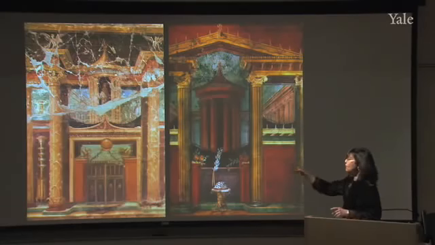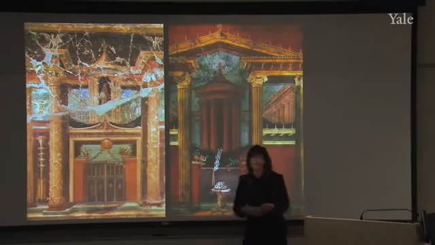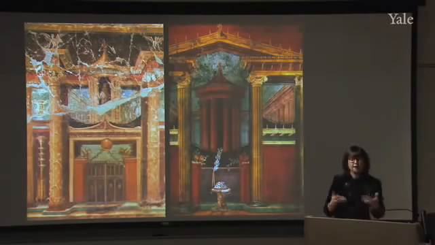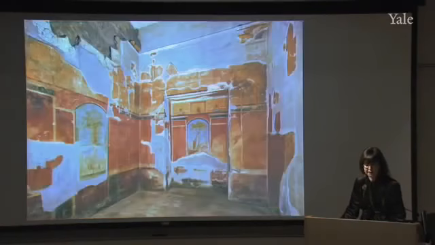So what we see in second style at Oplontis is very similar to what we saw at second style at Boscoreale and also at Pompeii at Cubiculum 16 of the Villa of the Mysteries.